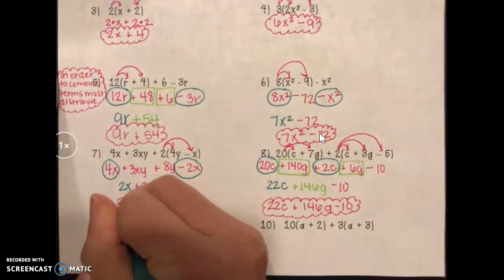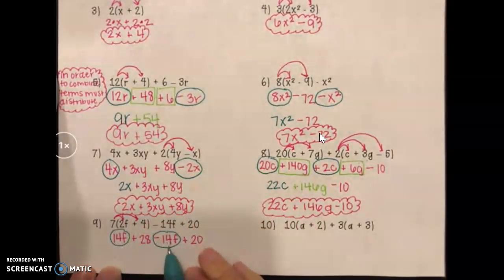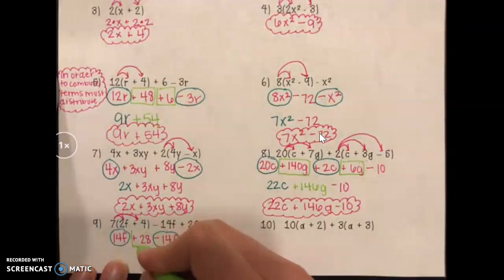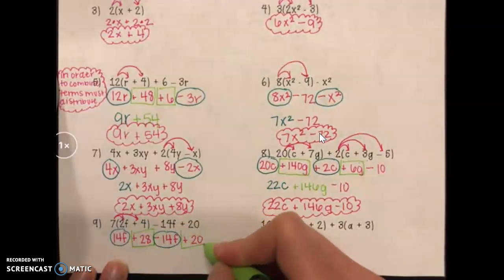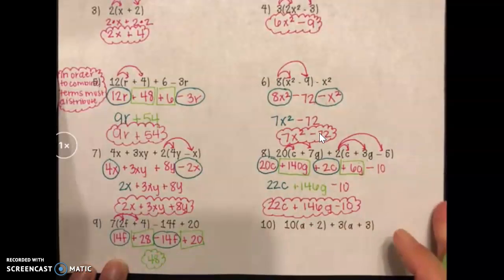I have 14F, take away 14F. Do I have any F's left? No, so those are just gone. Those canceled. We don't have to deal with them. Now I have plus 28, and I'm going to combine that with plus 20. So that would give me 48. So my final answer is 48.